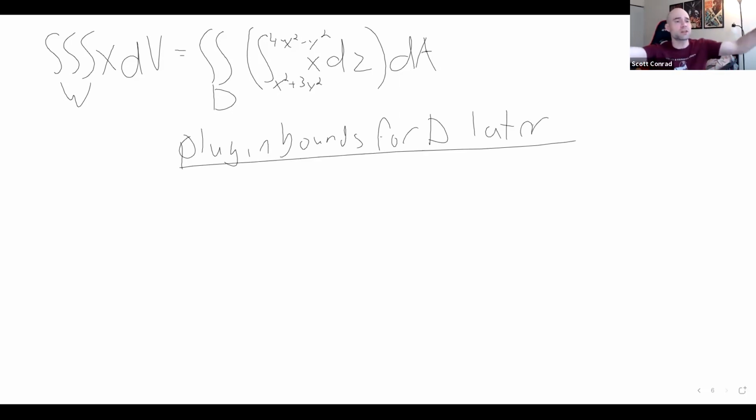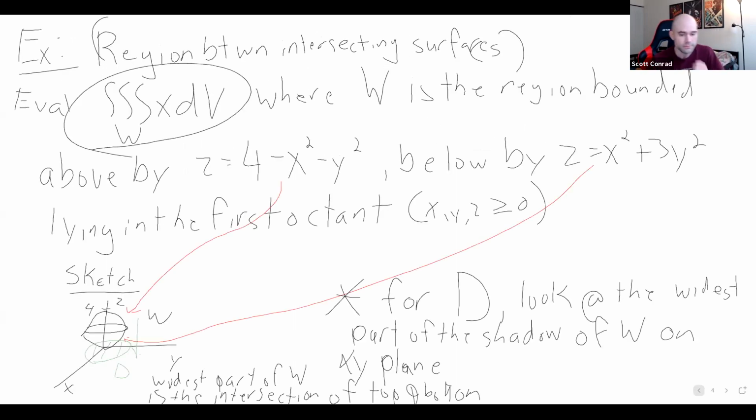Do the first integral, get your integral over D, and then figure out your bounds for D. That's going to make life easier later. Oh, because we're told that's the function we're integrating.